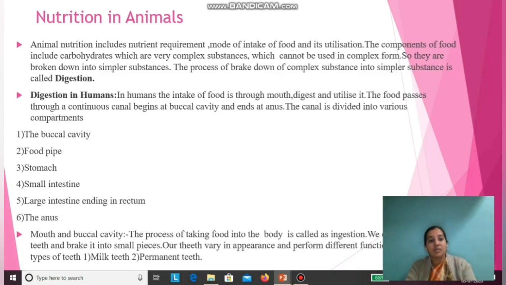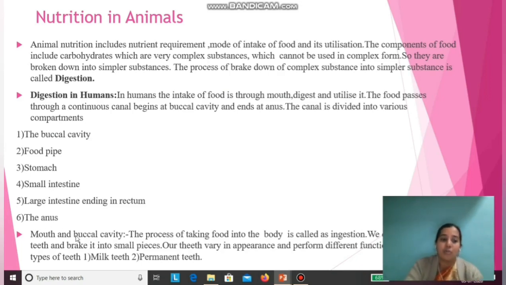In humans, we have different compartments where digestion is a continuous process. It has to go through six different compartments: buccal cavity, then food pipe, stomach, small intestine, large intestine, ending in rectum, then the anus.